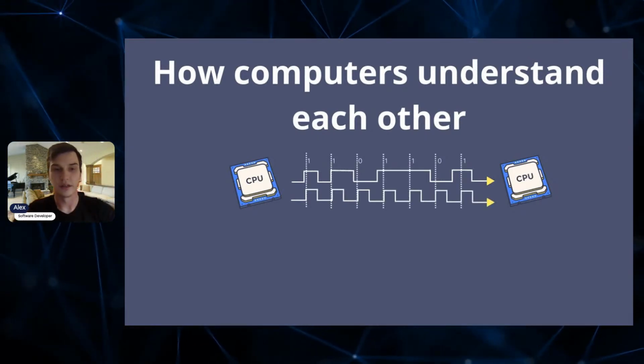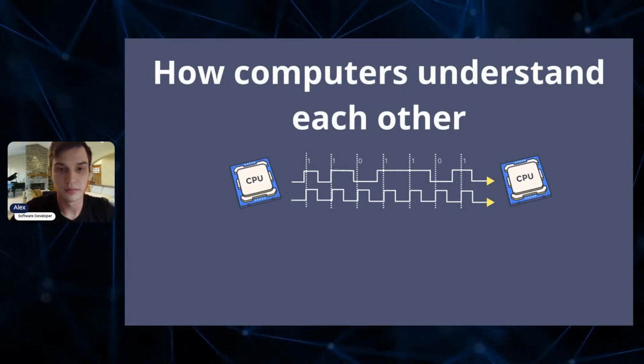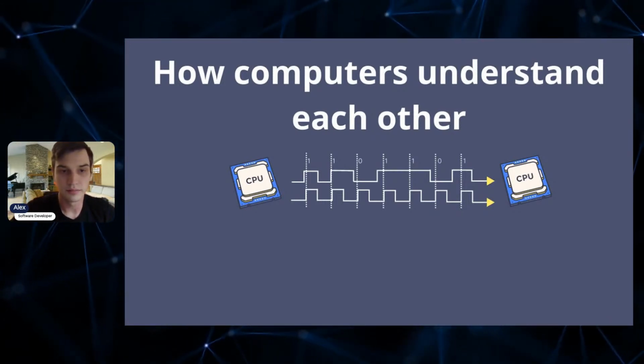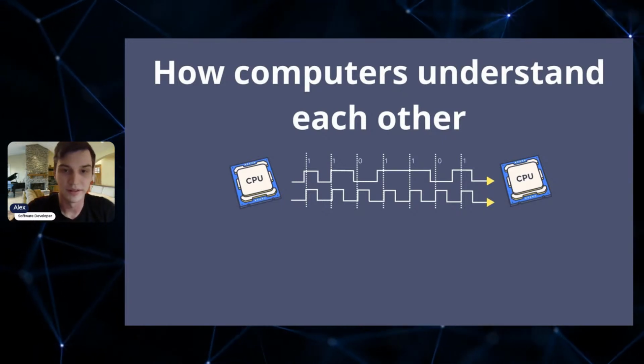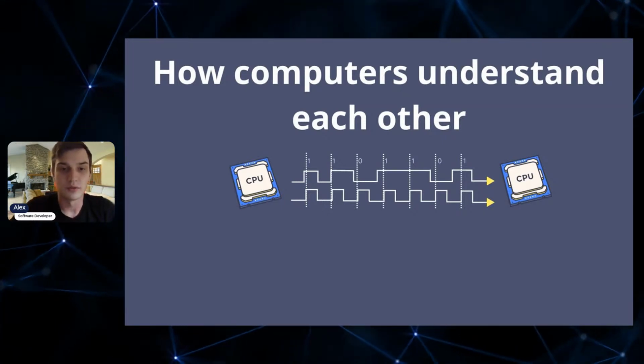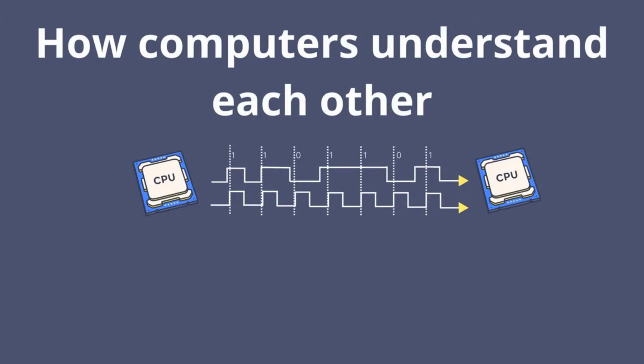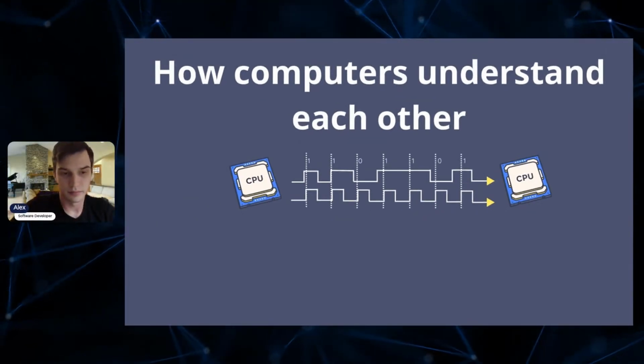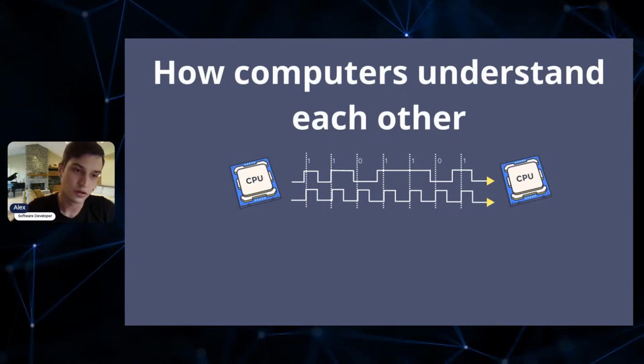So we need a second line of communication, which is the clock line. Engineers called it like this. This is a line with fixed frequency, and the second CPU reads the data from the data line every time the voltage on the clock line goes up.